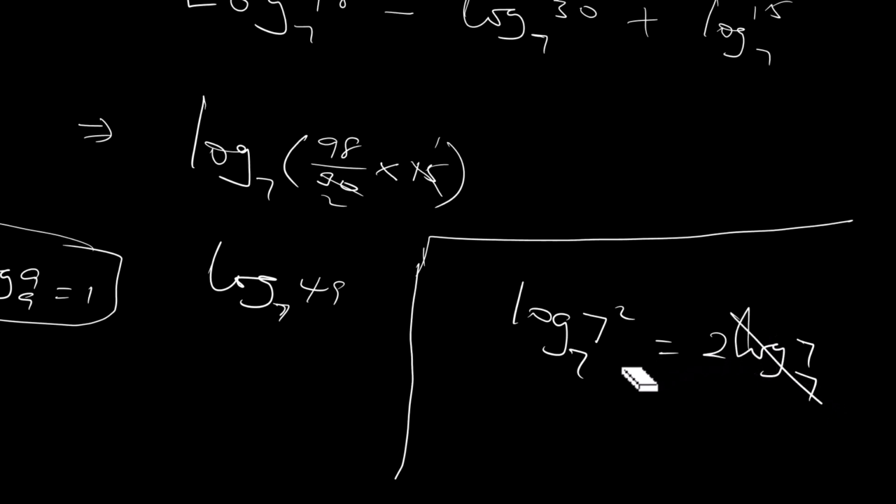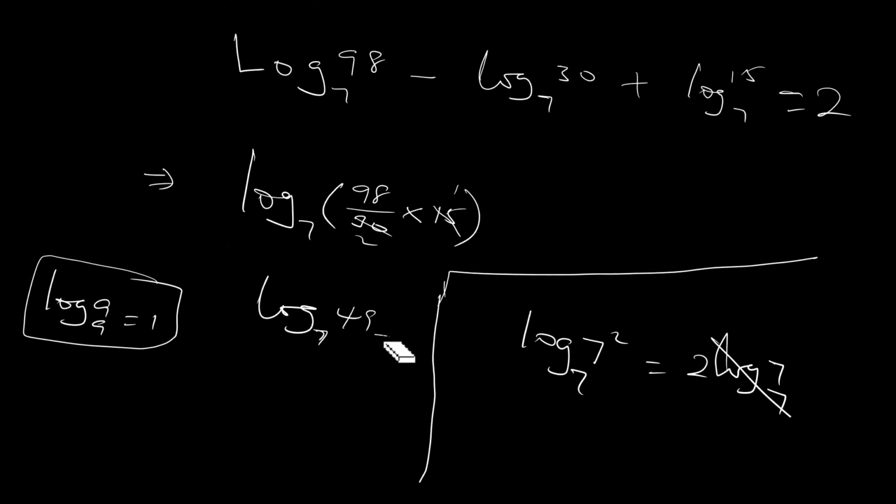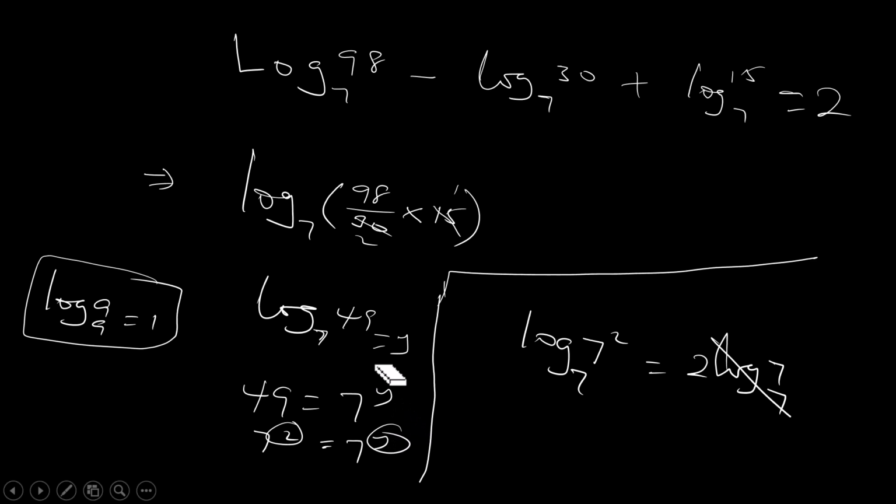So my final answer here is 2. Or you can set this equal to a variable y, so 49 equals 7 raised to y. So 7 raised to 2 is the same as 7 raised to y. Therefore, y equals 2. Whichever way, you get the same thing.